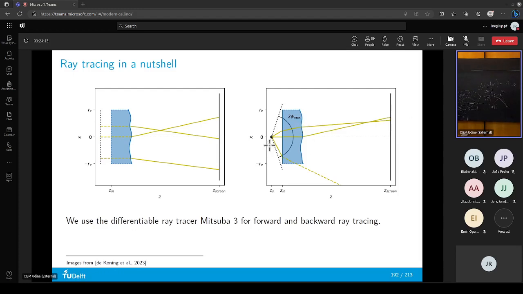This is what a ray tracer calculates, and the same here with, let's say, parallel light beams. Mitsuba is a very handy tool that allows us to not just do these forward calculations, but also the backward ones, to really differentiate each single ray with respect to whatever are the weights of the network.